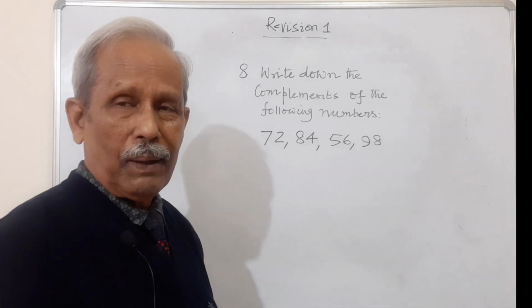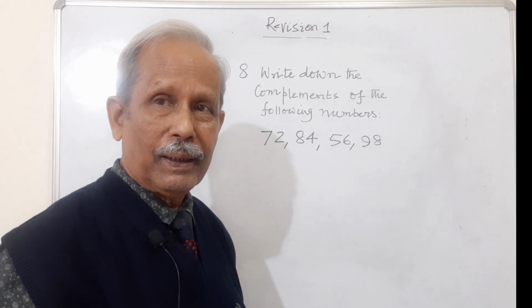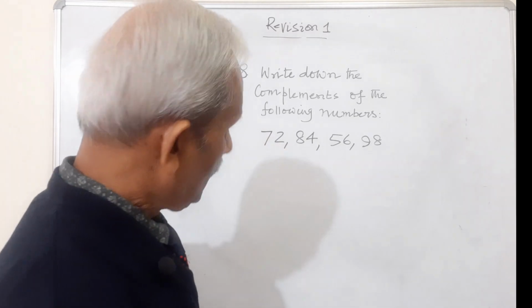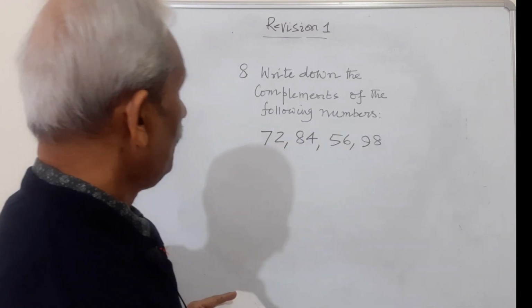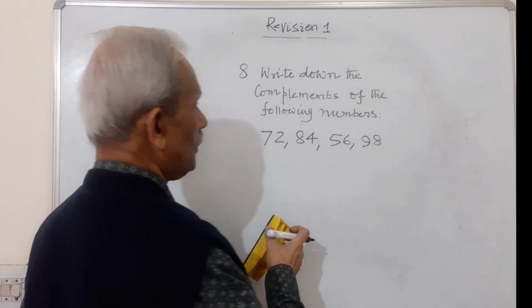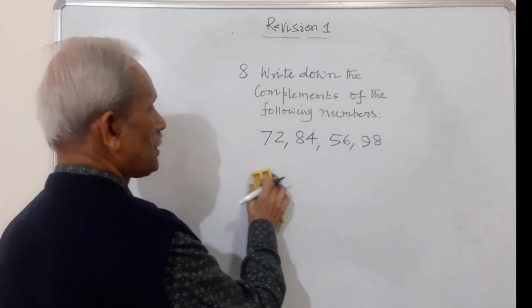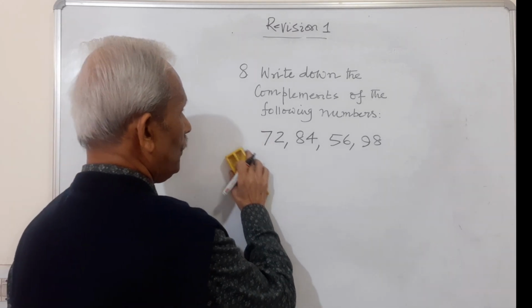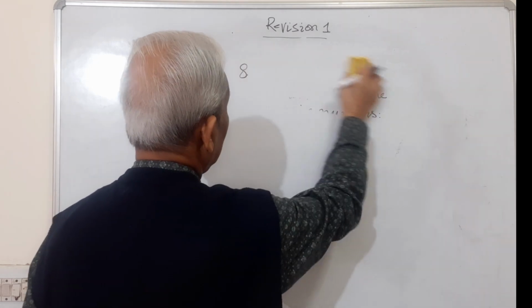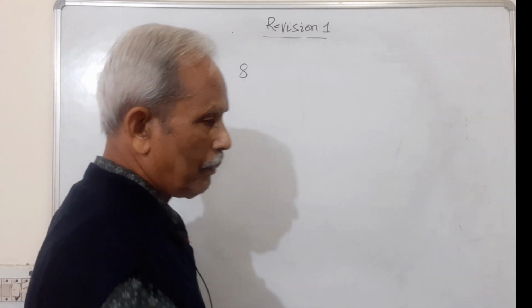Well, I hope you have done it. I expect that you have already done it rightly. Well, I will just explain it if anybody could not do it. Question number 8.